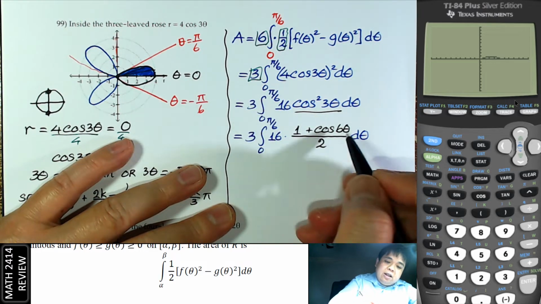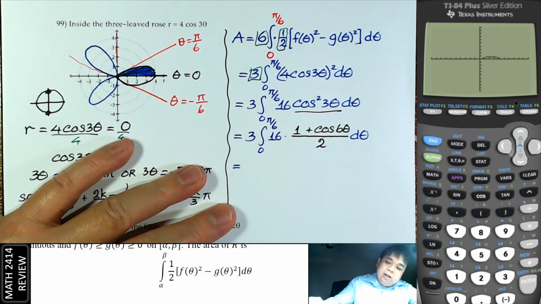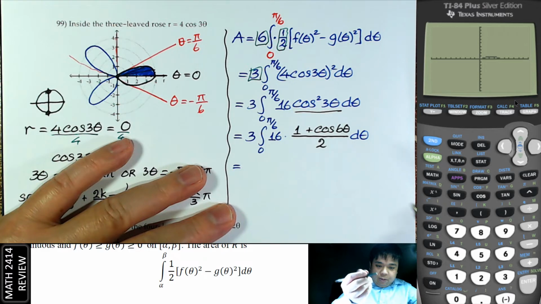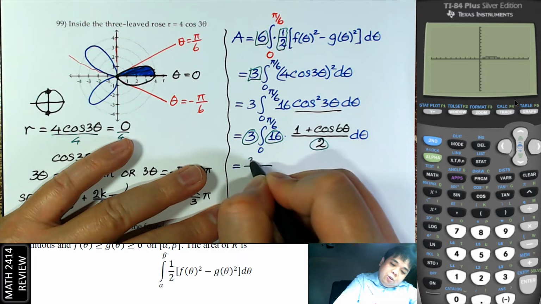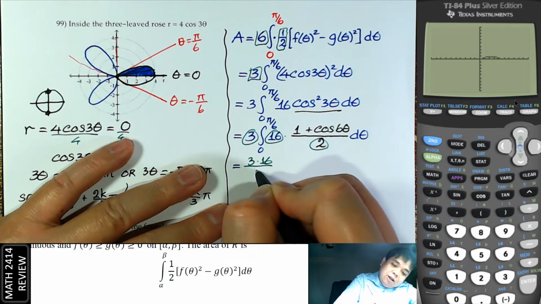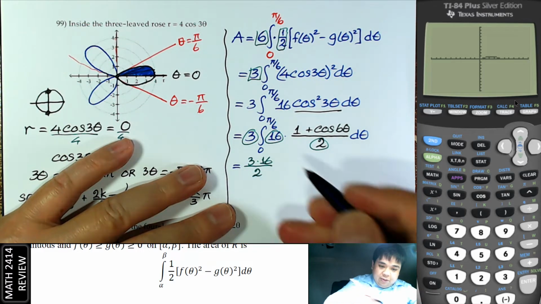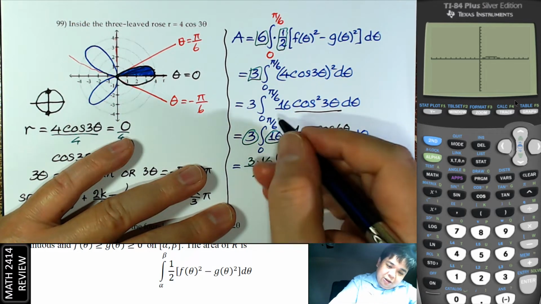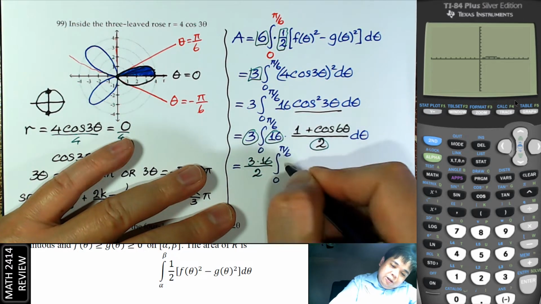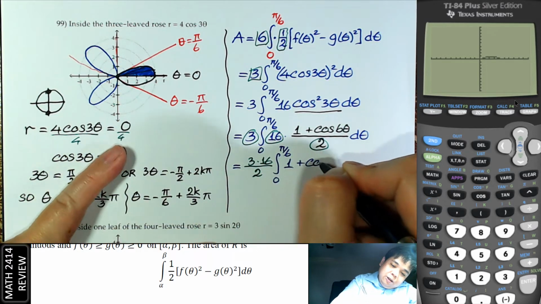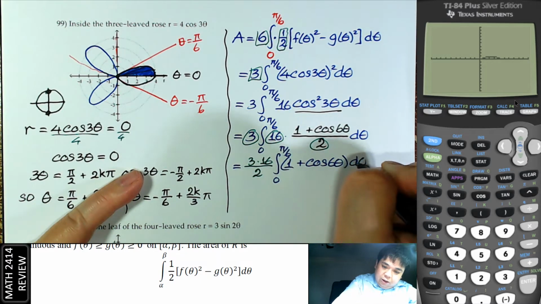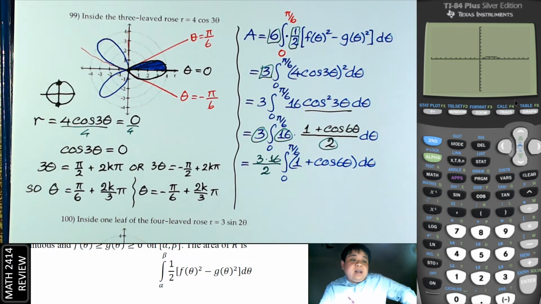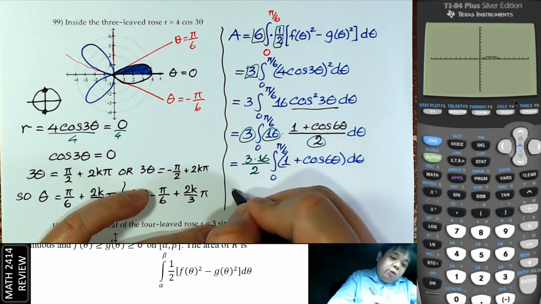Right. 16 and 2 cancel out. Let's see, we have 3, 16, and the 2. The 3 and the 16 on the top, the 2 at the bottom. 3 times 16, 48 divided by 2, 24.